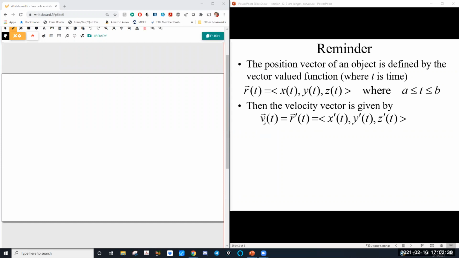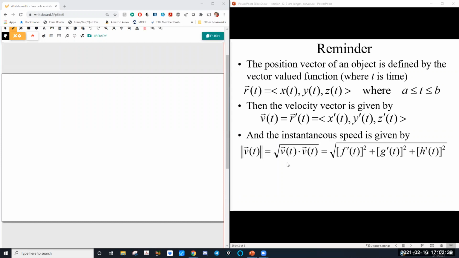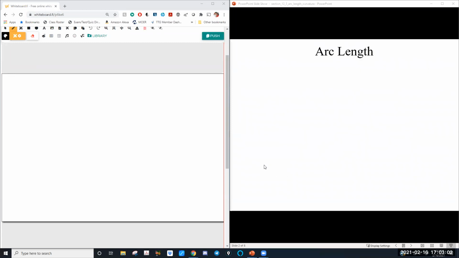All right. And then the velocity vector is the derivative of the position vector. We also talked about the instantaneous speed, which is the magnitude of the velocity vector. Now, back in Calc 2, the same idea held. Basically, we take the definite integral of the speed to get the total distance traveled along a curve, or the length of a curve.